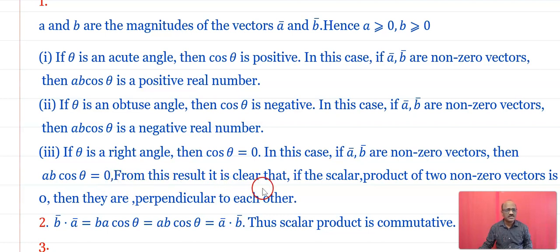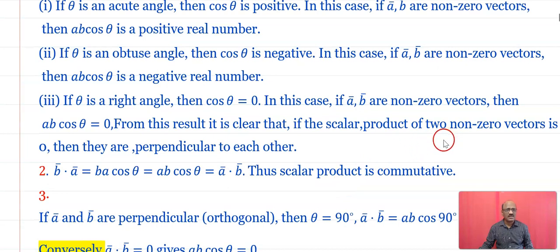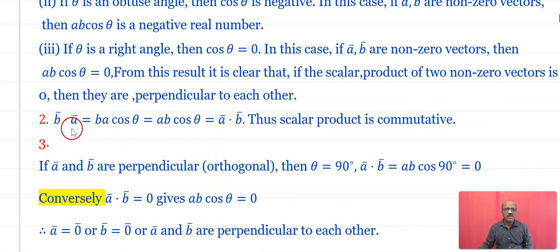From this result, it is clear that if the scalar product of two non-zero vectors is 0, then they are perpendicular to each other. Next, B bar dot A bar equals BA cos theta, which equals AB cos theta, and that is nothing but A bar dot B bar. Thus the scalar product is commutative.